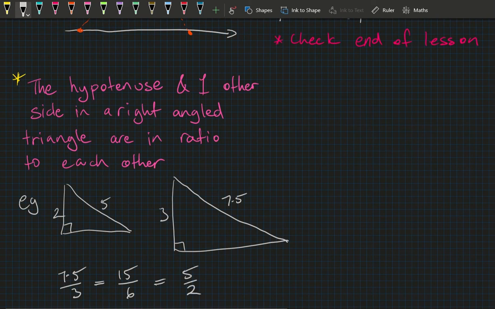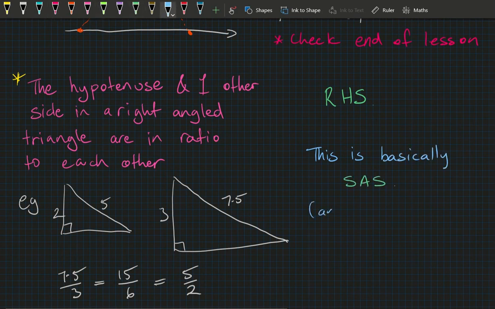So this shows that they're similar. The name of this test is right angle hypotenuse side, or RHS. Hopefully you can see that this is basically the same as side angle side, but also very important for trigonometry.